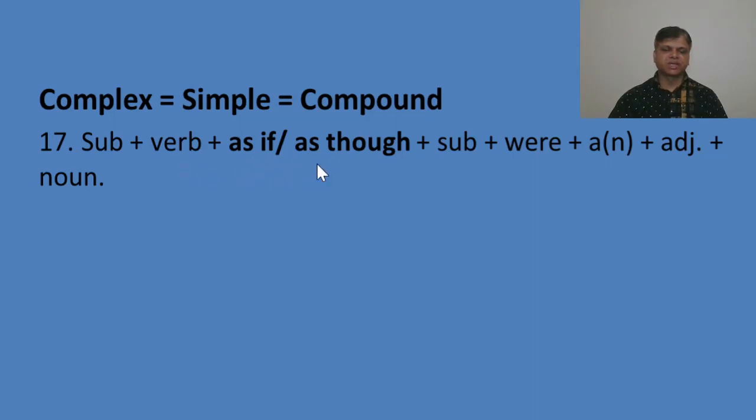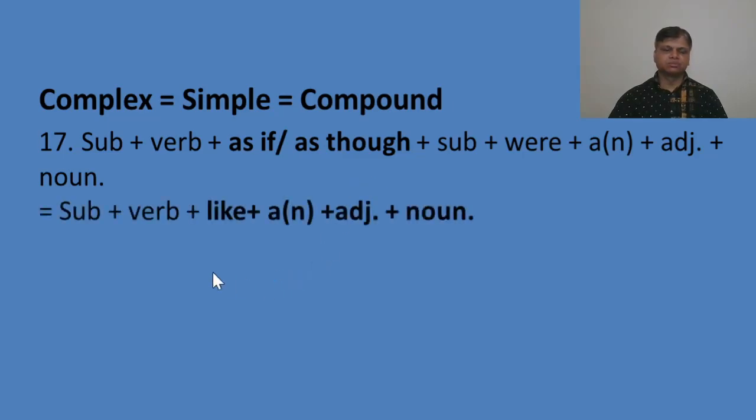It is a complex sentence as it contains the subordinating conjunction as if or as though. So if a complex sentence contains as if or as though, how can we transform it into a simple sentence?